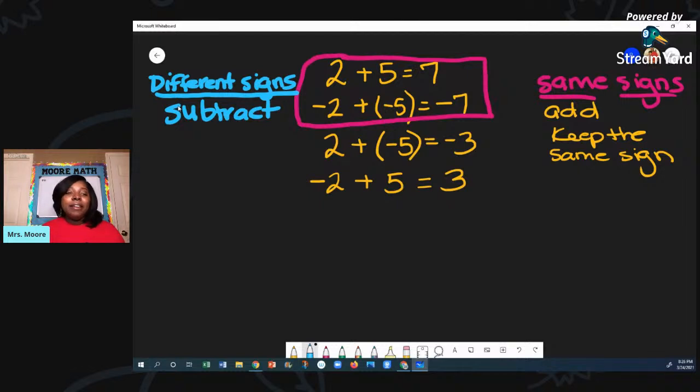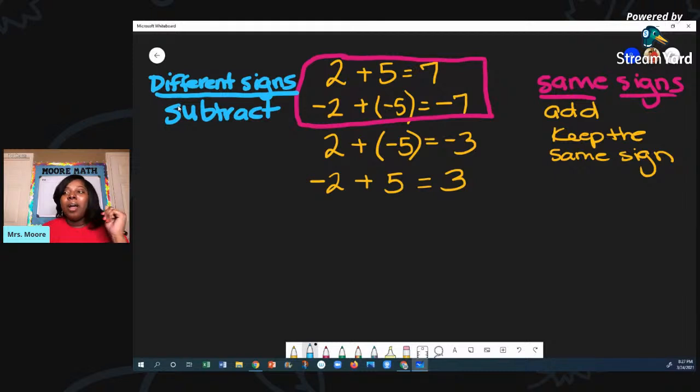So they say, well, -5 is the bigger number, so my answer is going to be -3. Or 5 is the bigger number, so my answer is going to be +3. If that helps you remember it, great. However, this negative number will never be bigger than a positive number. Mathematically, a negative will never be bigger than a positive.